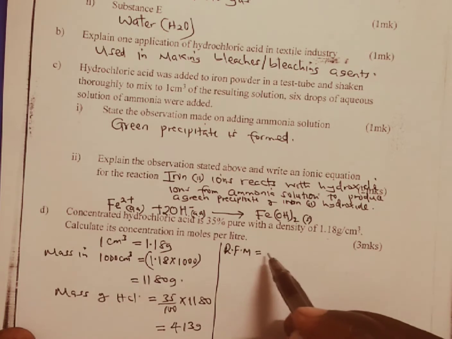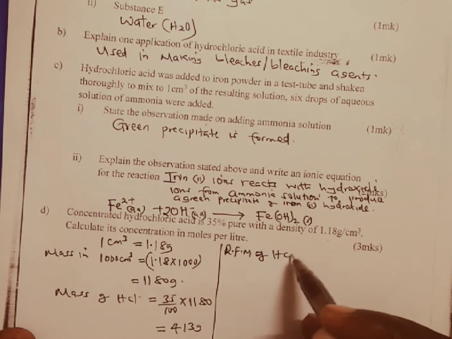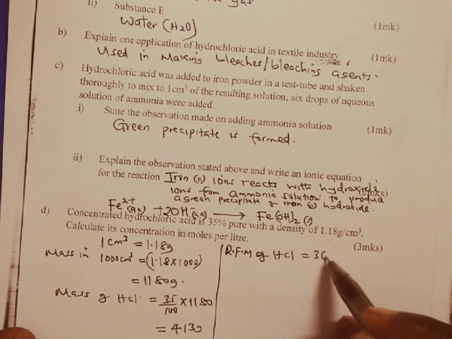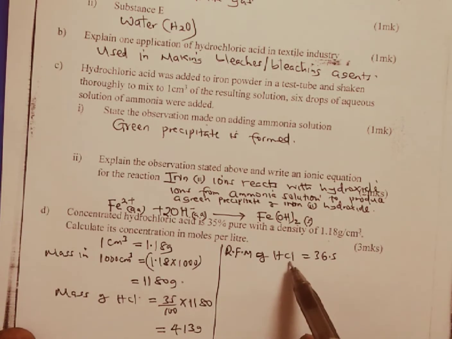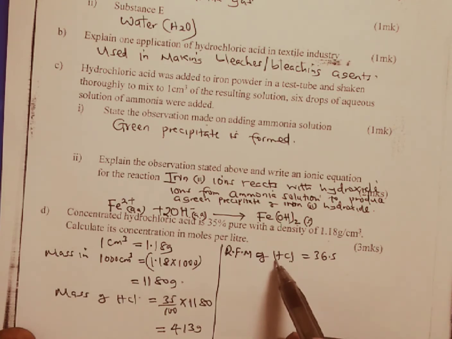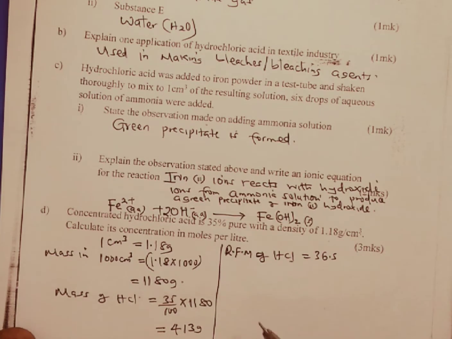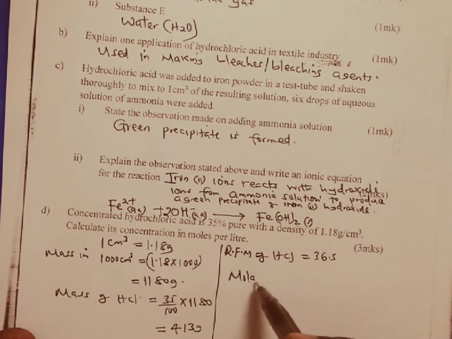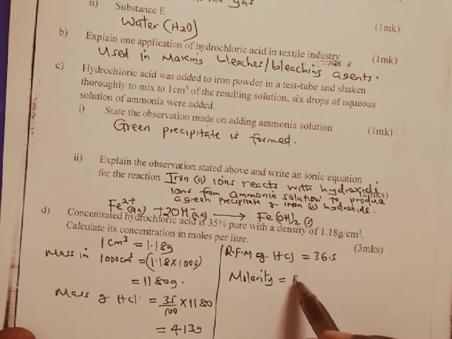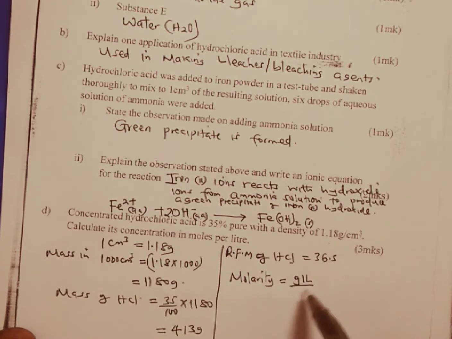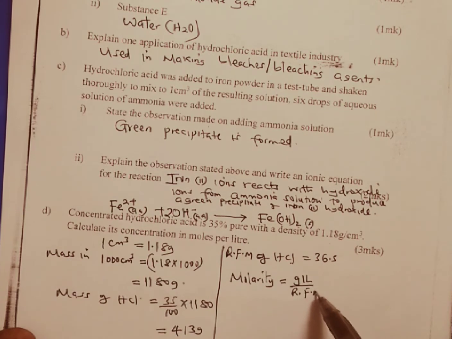From here we know that the relative formula mass of HCl is 36.5 grams. That is, the relative atomic mass of chlorine is 35.5 plus 1 for hydrogen, giving us 36.5. From here we can calculate the molarity, or simply the concentration. Molarity is given by grams per liter divided by the relative formula mass.